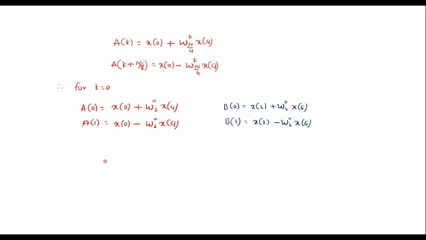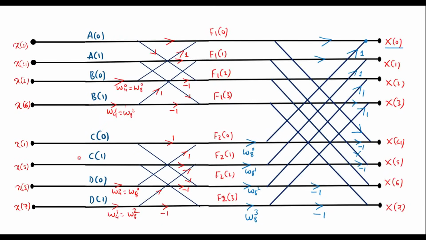Now similarly, for the third 2-point DFT the outputs are C of 0 and C of 1, and the inputs are x of 1 and x of 5.